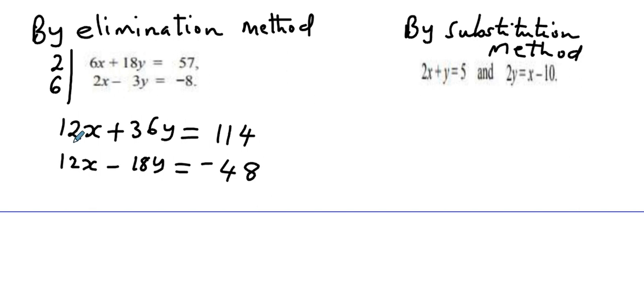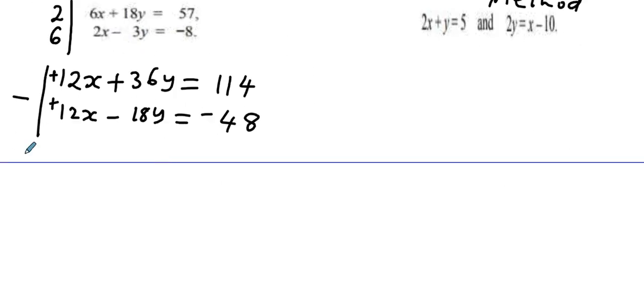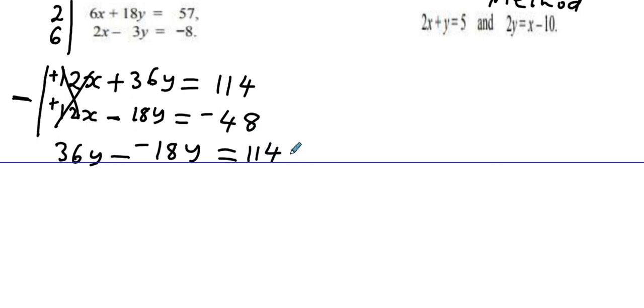So the numbers on x are the same and same signs, so we subtract. Same signs we subtract. So 12x minus 12x, this will be 0. Then 36y minus negative 18y equals 114 minus negative 48.